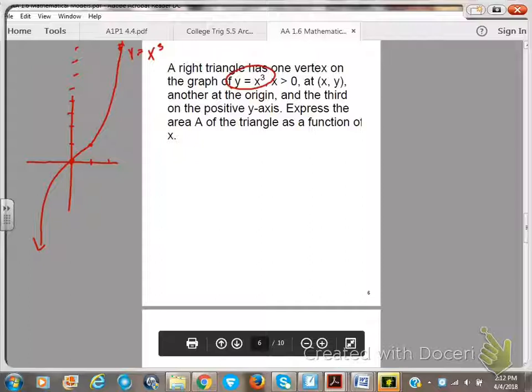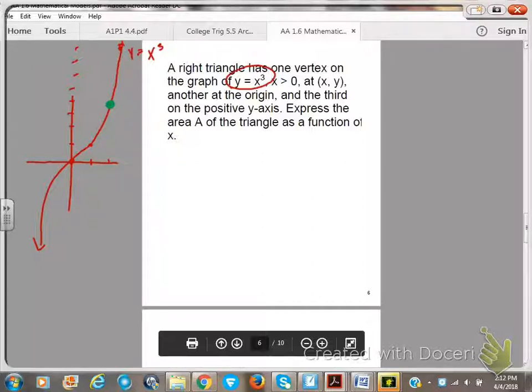Wait, I'm confused. Where are we at right now? It says that one vertex of our triangle exists on the graph y equals x cubed, but for x greater than 0. Okay. And since they want it to be on x cubed, but where x is positive, that's this piece of it. So somewhere on here, it doesn't matter where we pick the point. All right, I'm going to pick it here.